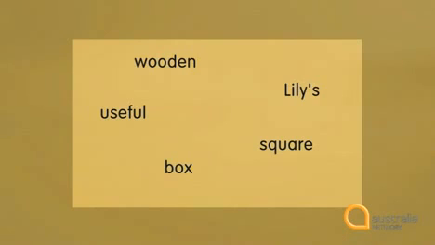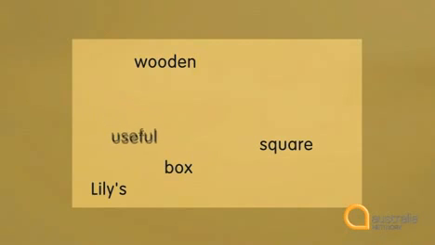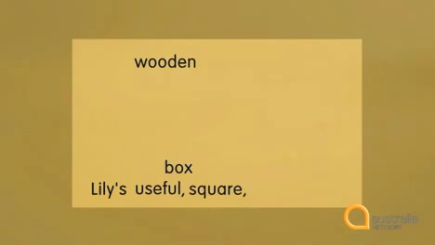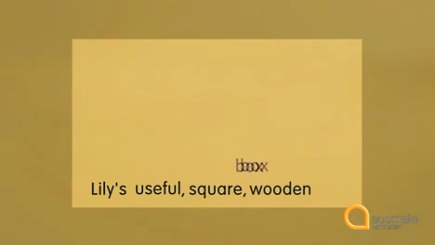Well, box is the noun, but what comes first? The determiner. Whose box is it? It's Lily's box. So Lily's comes first. Then that's followed by the observation. The box is useful. Then the shape. It's square. Then finally the material. It's a wooden box. So we have Lily's useful square wooden box.